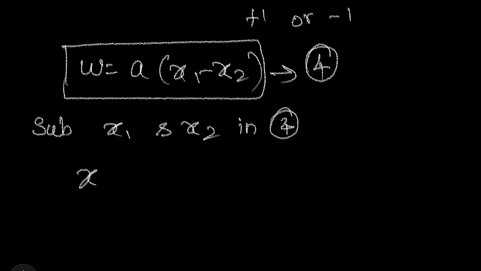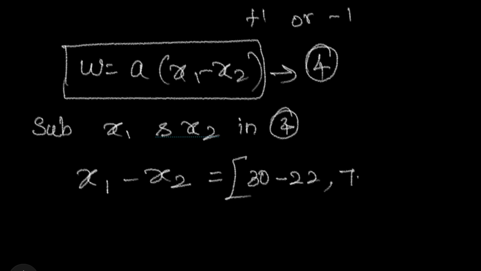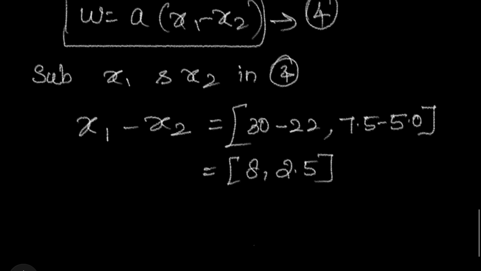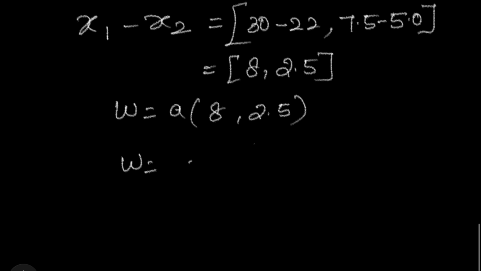So x1 minus x2 equals 30 minus 22, and for the second component 7.5 minus 5. So here I'll get the value 8, 2.5. If I apply this value in equation 4, I'll get W equals a into (8, 2.5). So this can be written as 8a, 2.5a.